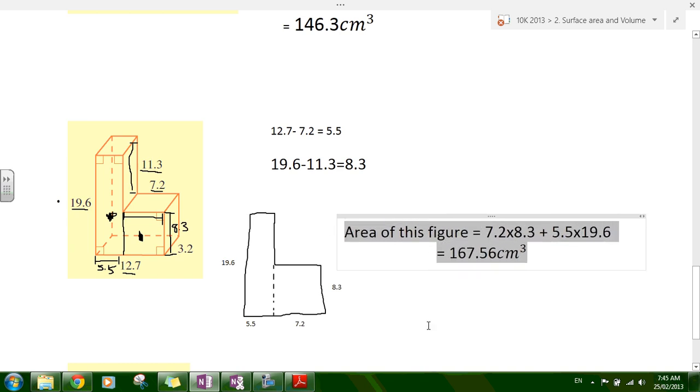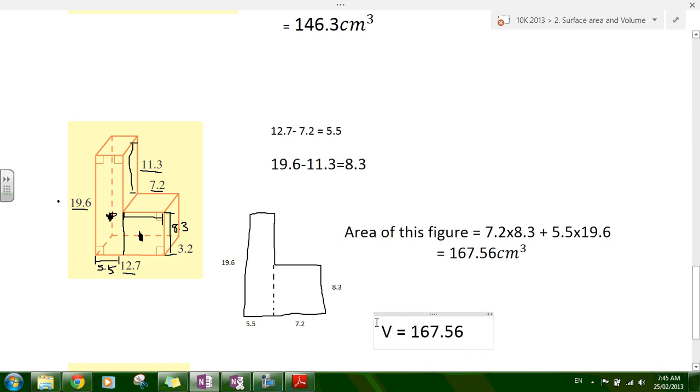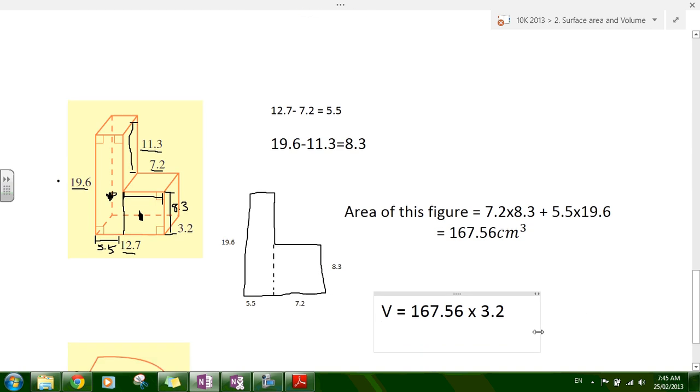So I've worked out the area, and so the final step is to work out the volume. Okay, well, V equals 167.56 times the depth, which in this case is 3.2. And so that's the final step.